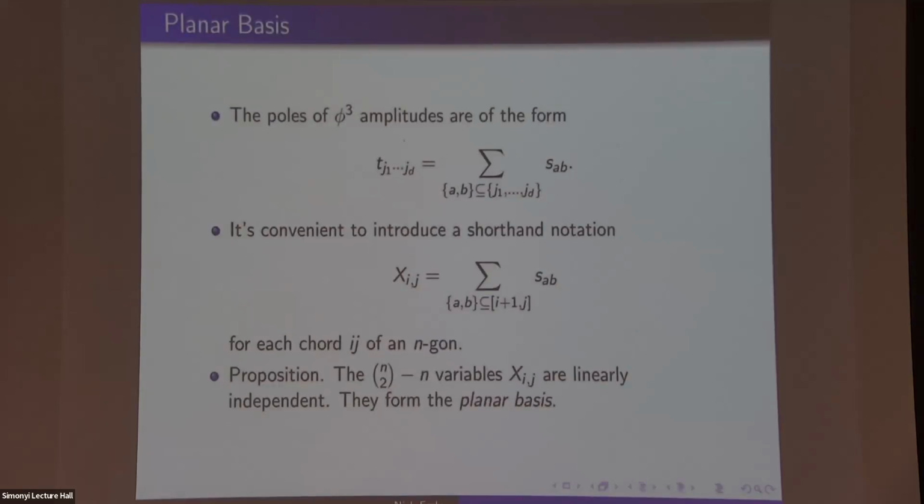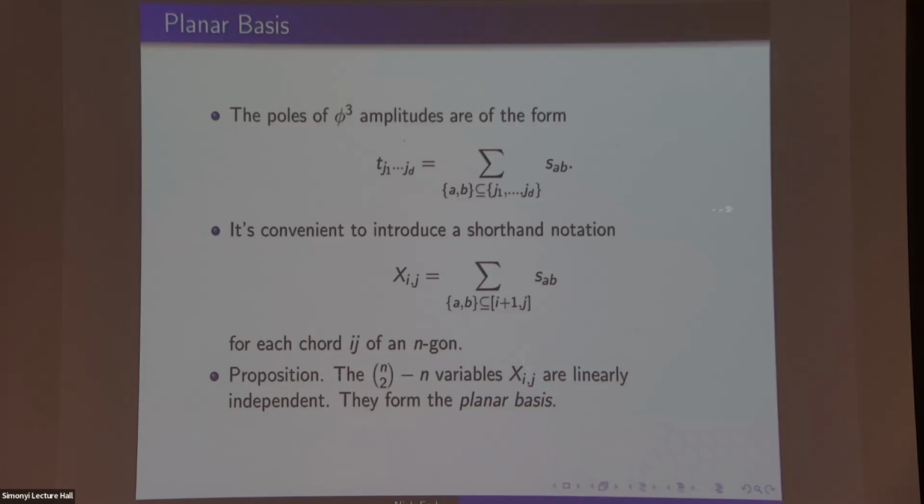You can calculate explicitly from this formula, and this is important, first, that the n choose 2 minus n variables xij are linearly independent. The minus n arises as an artifact of momentum conservation. It says that whenever i and j are cyclically adjacent, then that expression is 0.